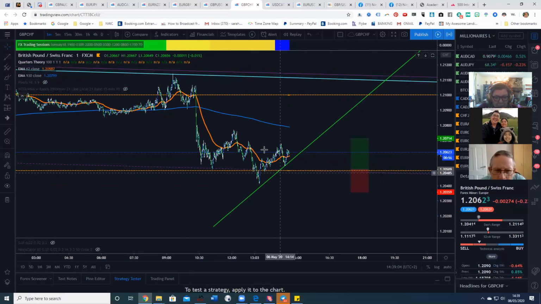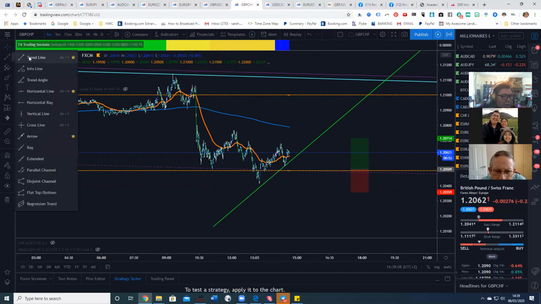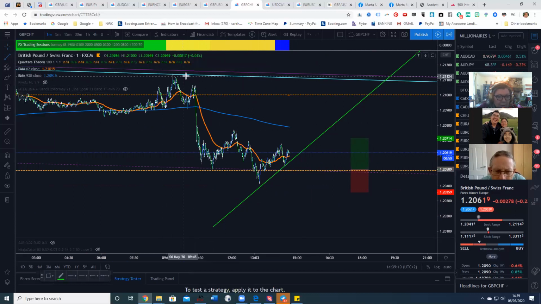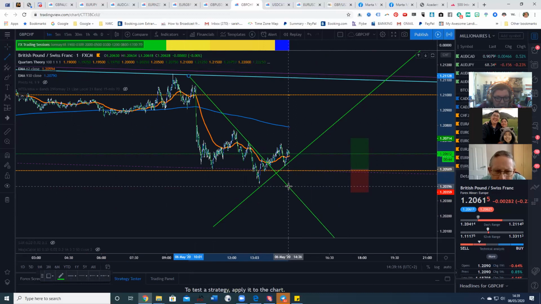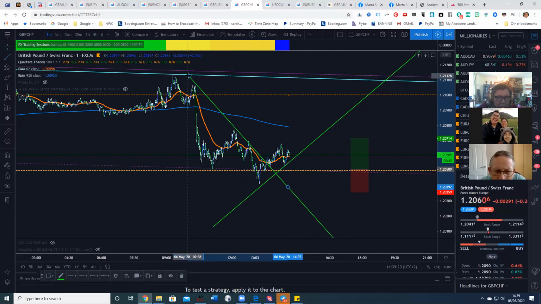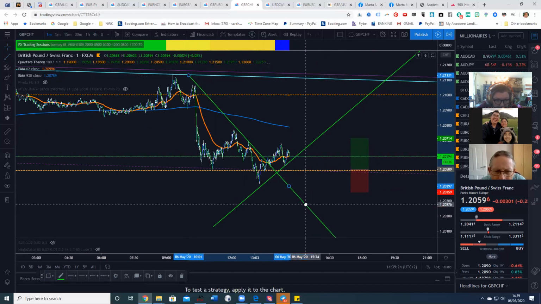So has it broken? Have we got a clear trend here? If we do a trend line from there, something like that.